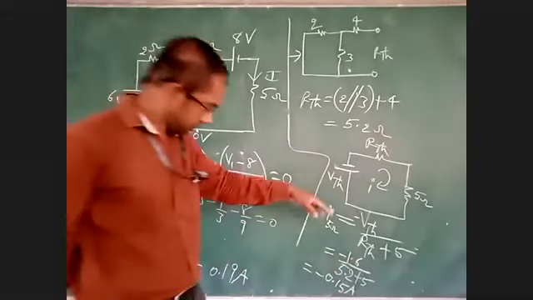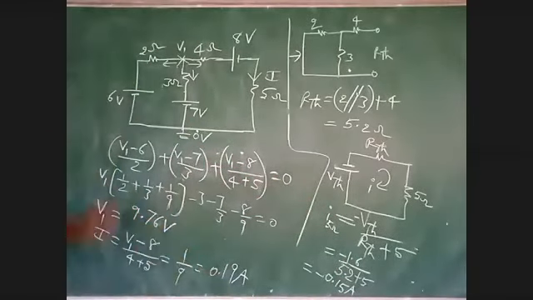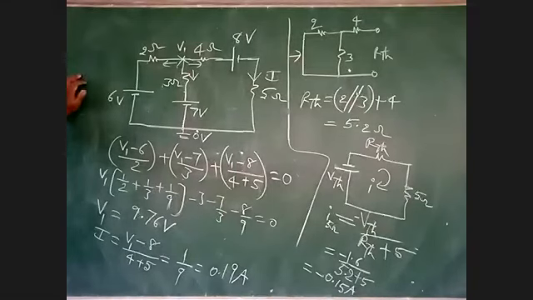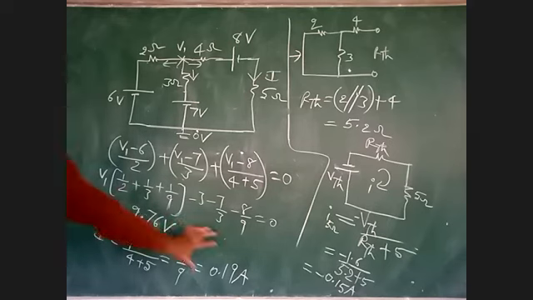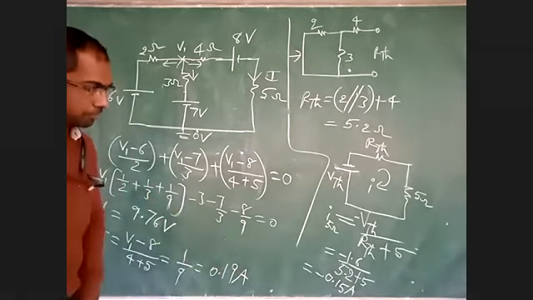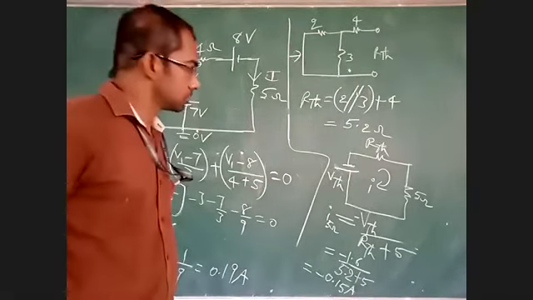This should be 0.16 you have to get. One by 9. Okay, approximately similar value you are getting. Sir, VTH 1.6?